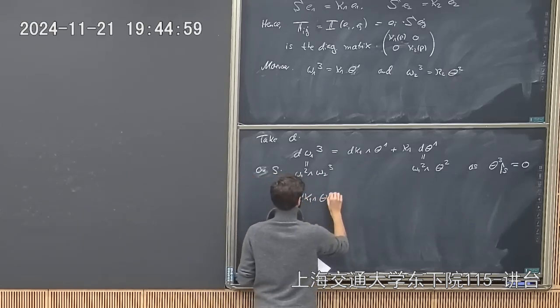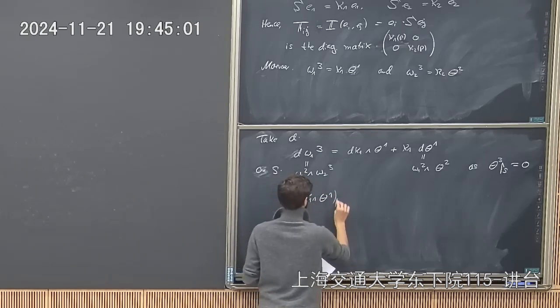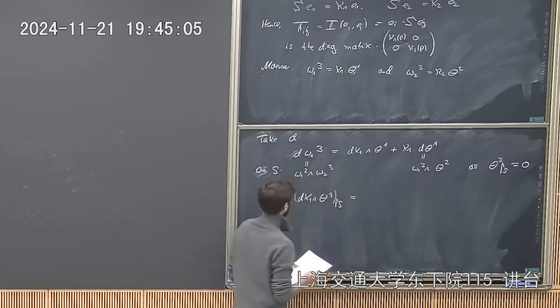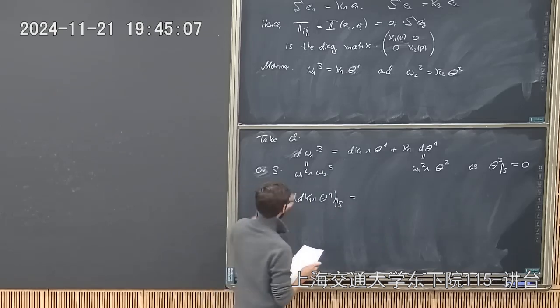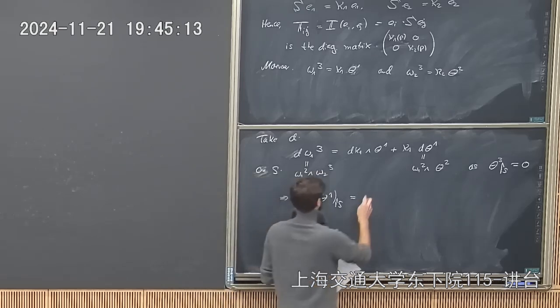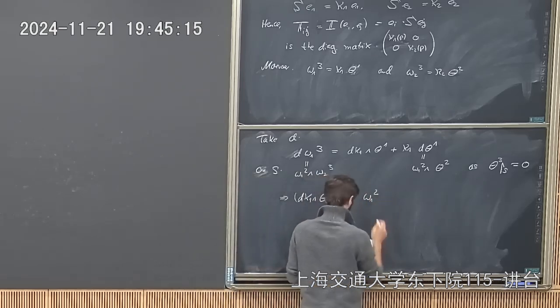So d kappa 1 wedge theta 1, if you restrict it to S, is always omega 1 2 times some wedge product. So we have omega 1 2.